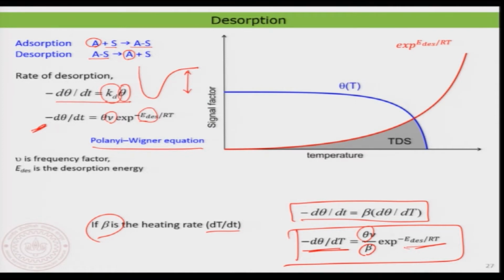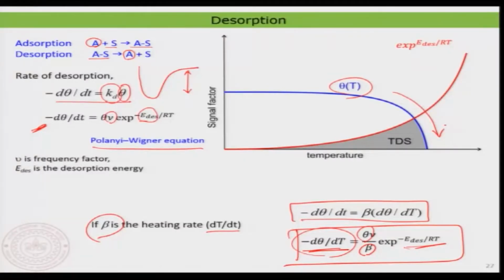If that is the case, then you will have two independent functions working on the d theta by dT, that is nothing but theta, which is a function of temperature. In the beginning, unless and until you reach a particular temperature, the rate of the adsorbate change is a constant. Then as soon as the temperature hits closer to the desorption temperature, the coverage decreases. So that is the reason why it goes down.